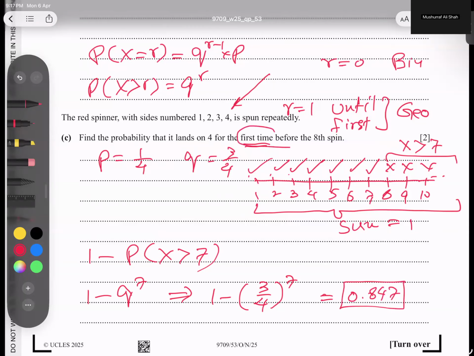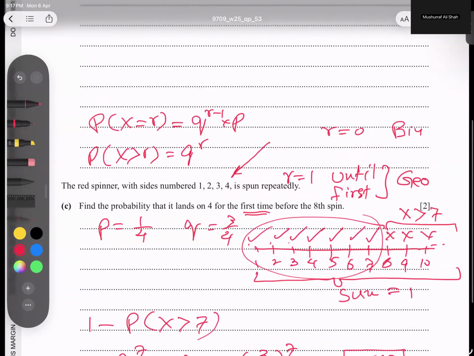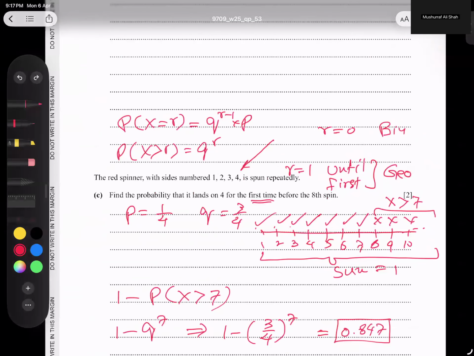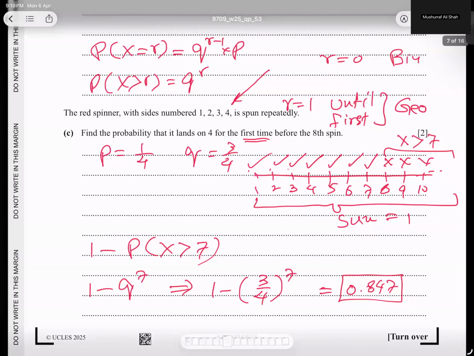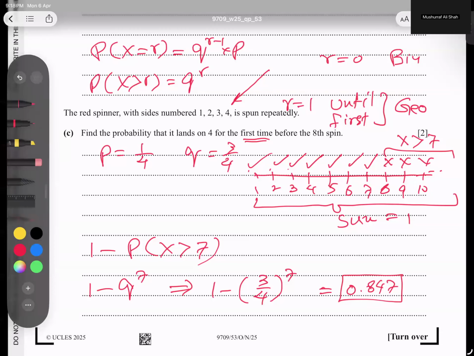Please read carefully: first time before 8 spin means before 8 spin. Yes, students, this is a correction: the answer is 0.867. Let me check again. Correct, okay.